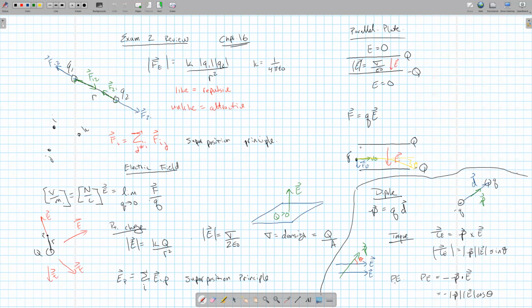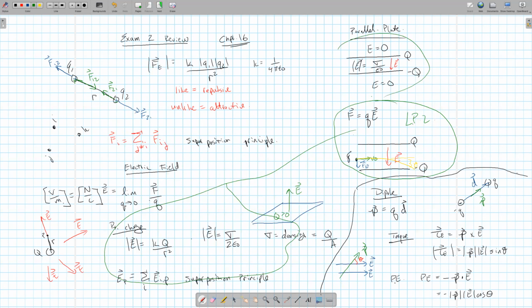Another long problem would involve this type of material here. So this would be, say, long problem number 2. In this case, you'd have to know the electric field, where that electric field can involve these types of electric fields using superposition, or the electric field from a sheet of charge, or this one here, which is the electric field from a parallel plate.